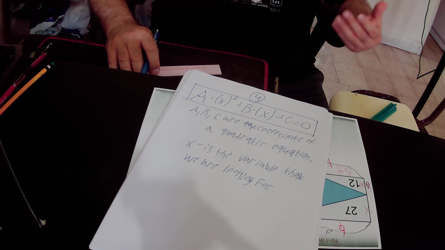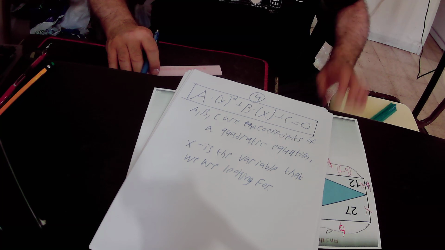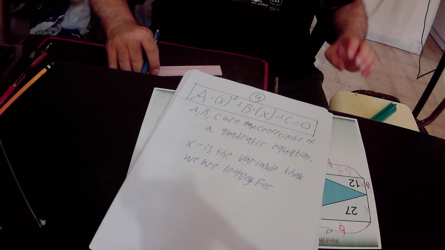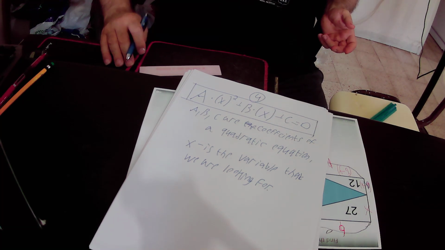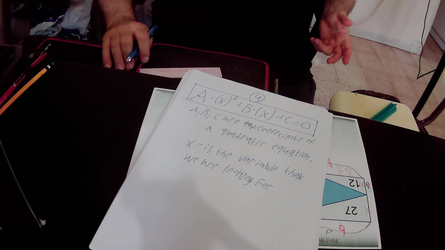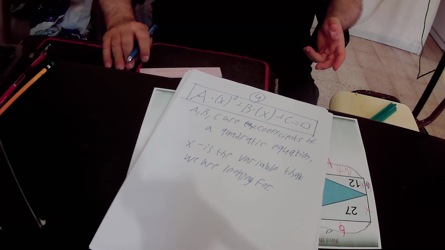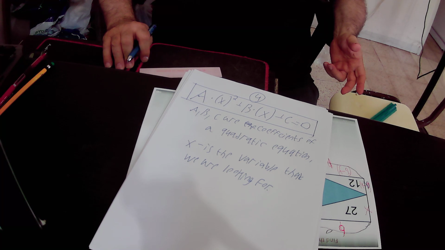I'll show you the special formula for x, and then you will understand that x can have two different solutions. So we are looking for x. When we solve a quadratic equation, actually we will have the value of x.